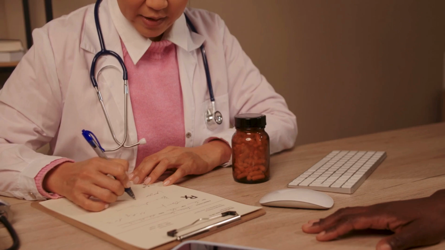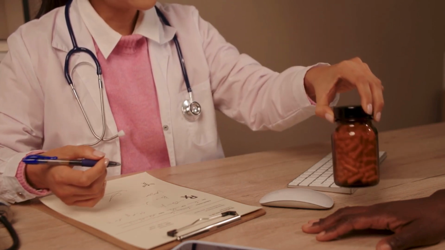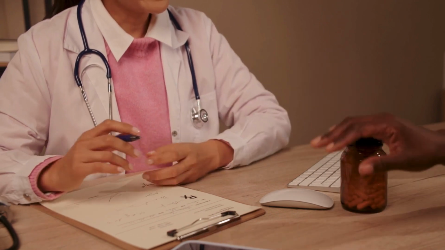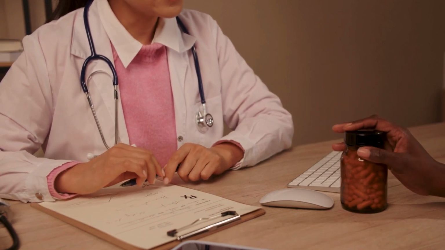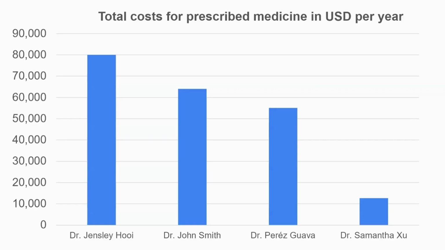For example, a general practitioner, GP, who prescribes more expensive medications might appear less cost effective, even if those medications lead to better long-term outcomes for patients. This approach fails to capture the complexity of healthcare delivery and the multi-factor nature of cost effectiveness.